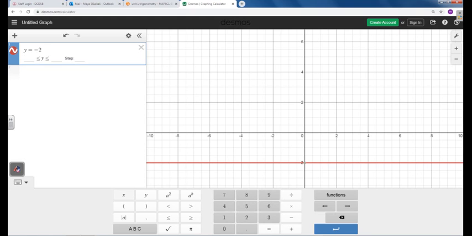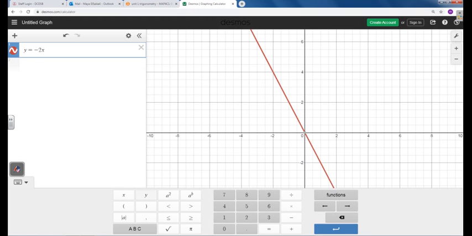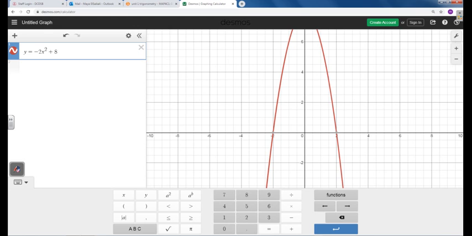You see these buttons here? This gives you the square button, and this one gives you whatever exponent you want to include. Okay? So because I want the square, I can press this one, so it includes the square. So I have negative 2x squared plus 5, you said, or plus 8? Plus 8. All right, this is my whole graph.